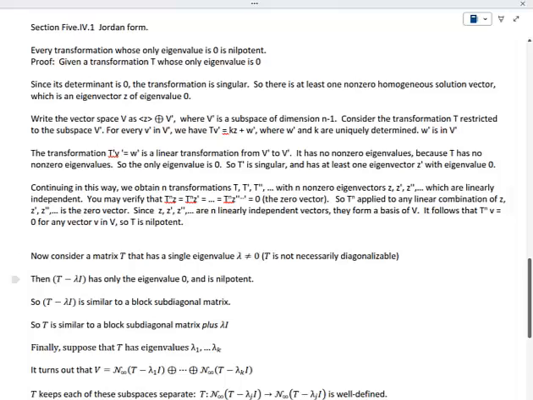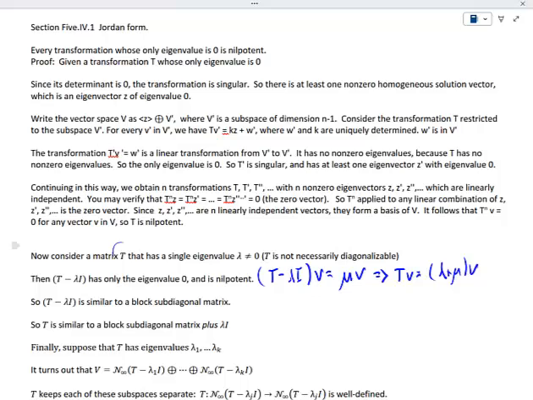Now, why is that? Well, suppose T minus lambda I had an eigenvalue that's different, like mu, with eigenvector v. Now I can move the lambda I to the other side. That's the same thing as saying that Tv equals lambda plus mu times v.